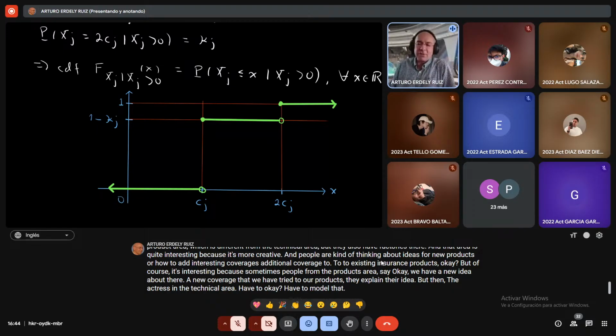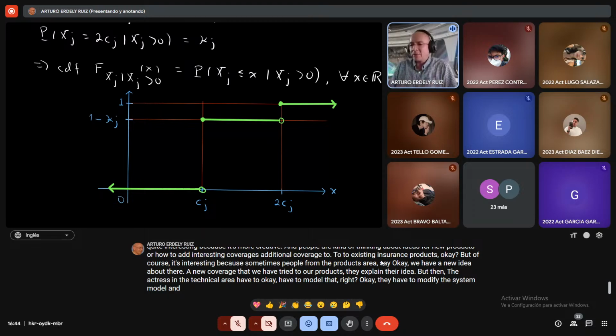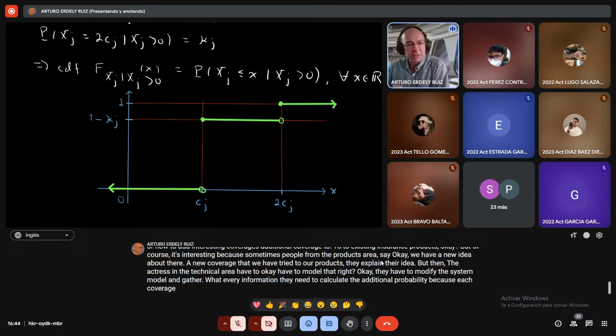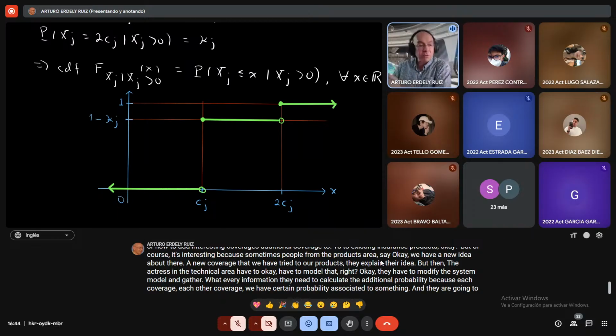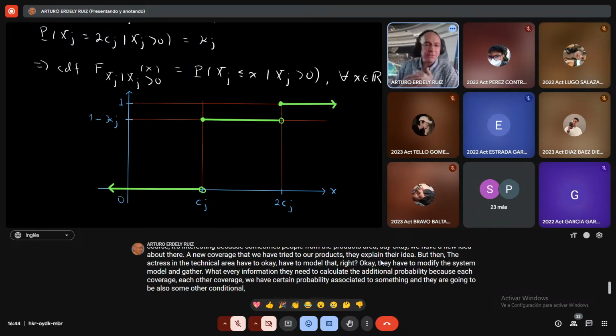model that, right? They have to modify the existing model and gather whatever information they need to calculate the additional probabilities, because each additional coverage will have a certain probability associated to something. And there are also some other conditional probabilities that have to be taken into account.